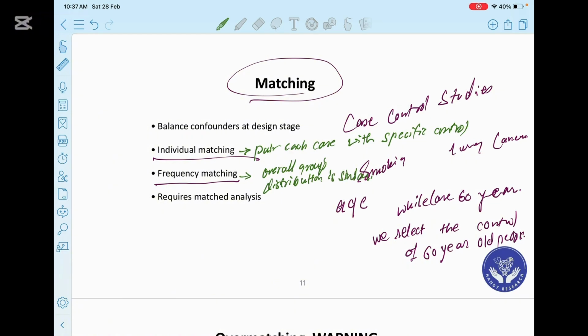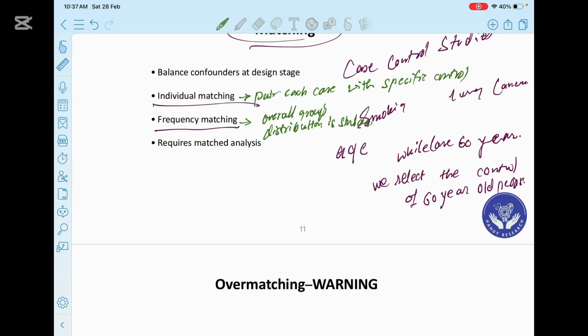So what's the important point here? Matching balances the distribution of the confounder, but matching alone does not remove confounding. You must account for matching during analysis, for example, with a conditional logistic regression.